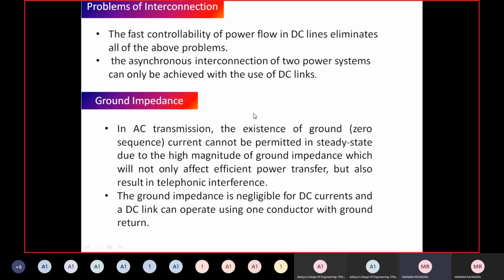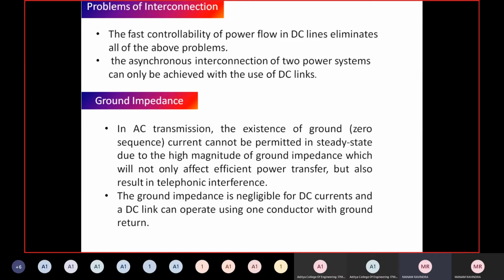Next, coming to ground impedance. Why do we consider ground impedance? Listen clearly here: in case of DC systems, where the current is DC, not AC, the current flowing will take the return path as ground.